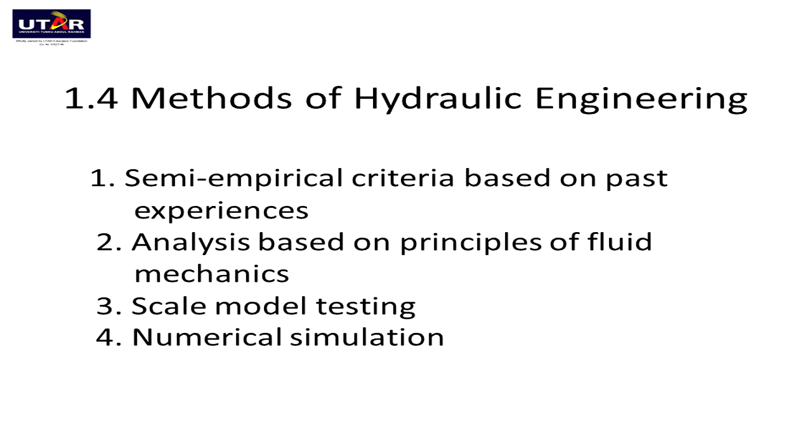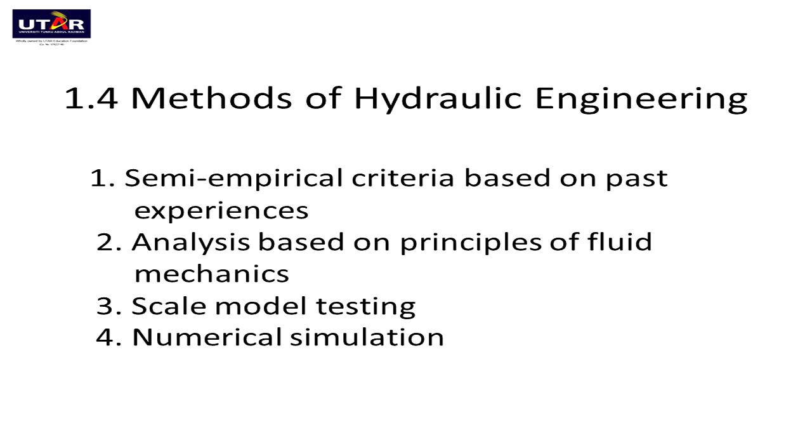The second method is to make use of principles of fluid mechanics, such as momentum and energy principles, to estimate flow quantities and required sizes and strength of structures. The third method is to make a scale model, such as a small model of a dam, to test the intended functions of structures and modifications, such as the spillways from a dam.